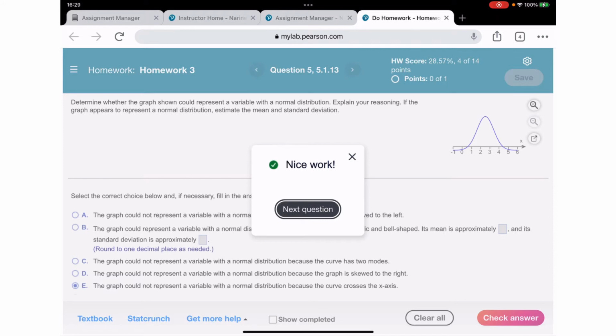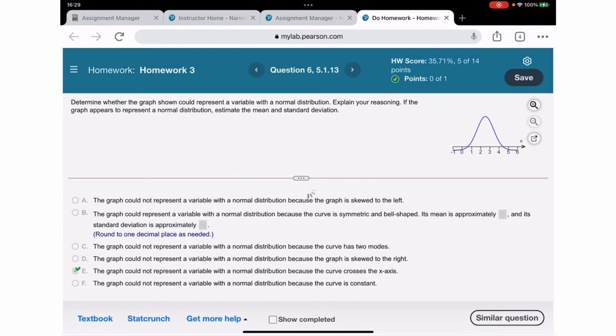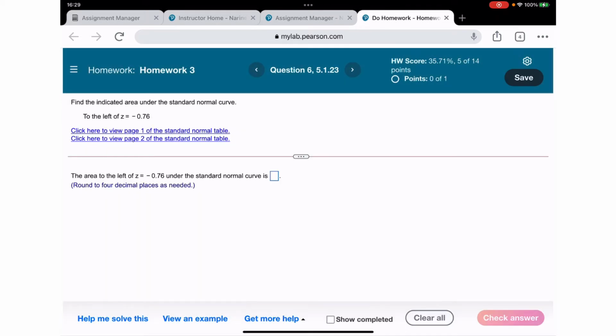Question number 6. Okay, what do we have? Find the indicated area under the standard normal curve. z is equal to negative 0.76. Okay, guys, you have to listen to the lecture so you understand what it means.